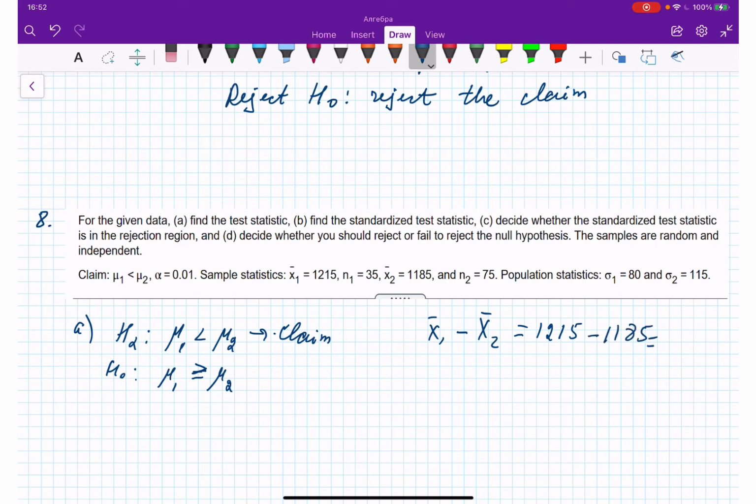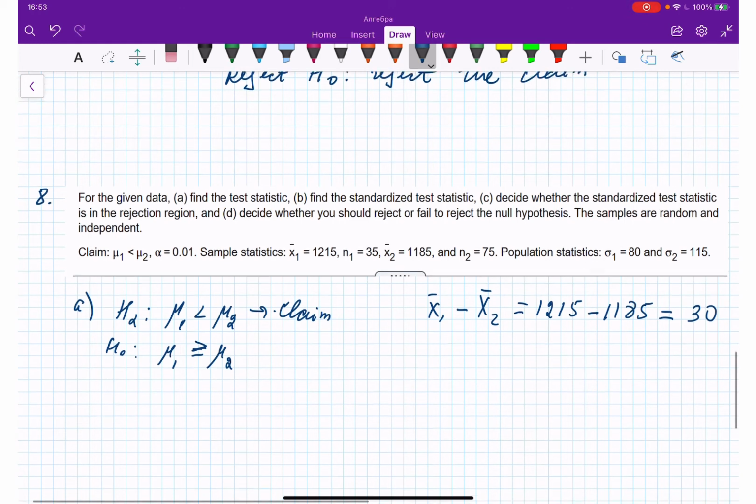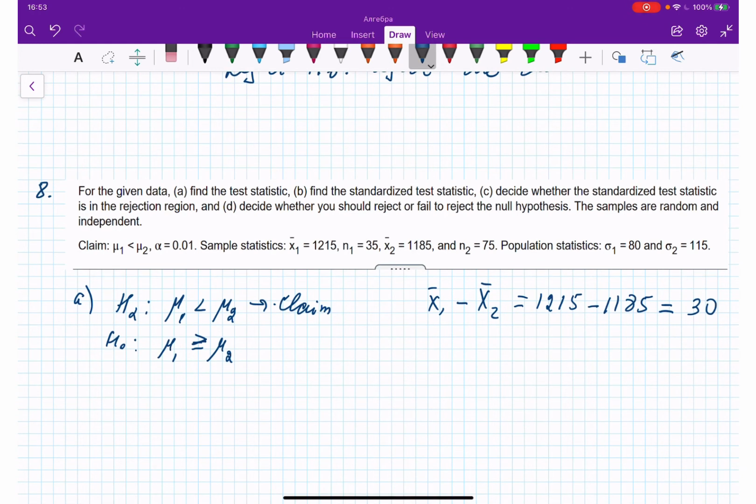That is going to be 30. So not standardized, just test statistics, it's going to be 30. Next, we are going to find standardized test statistics for mu1 minus mu2.